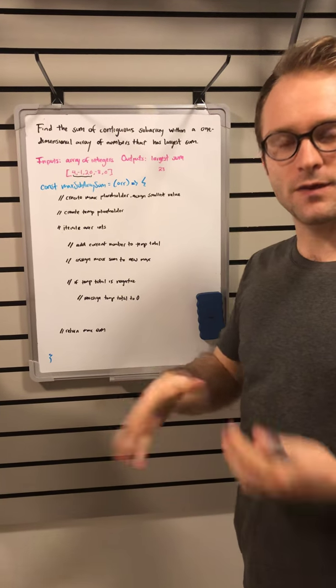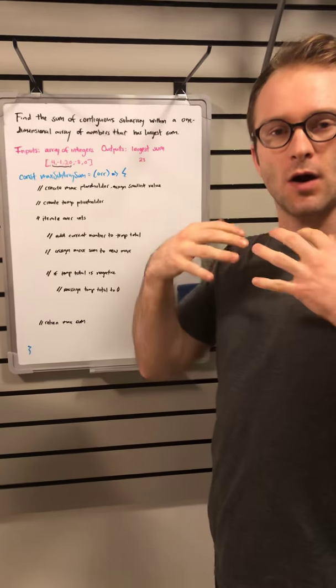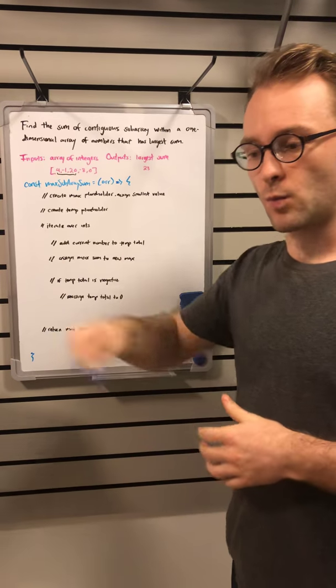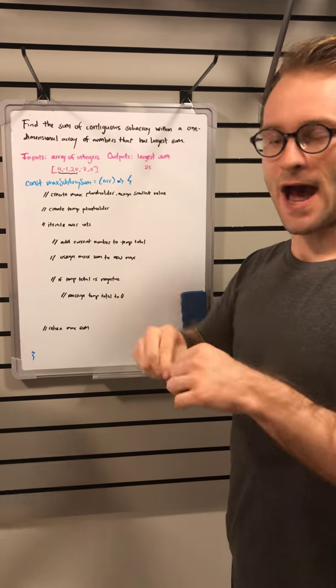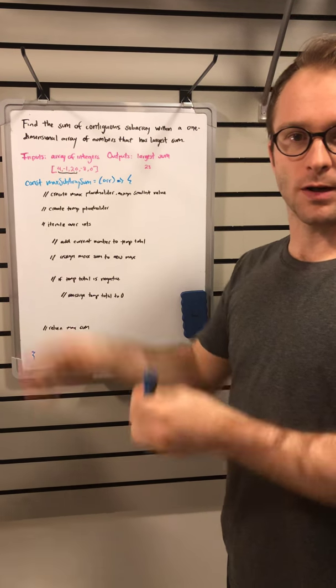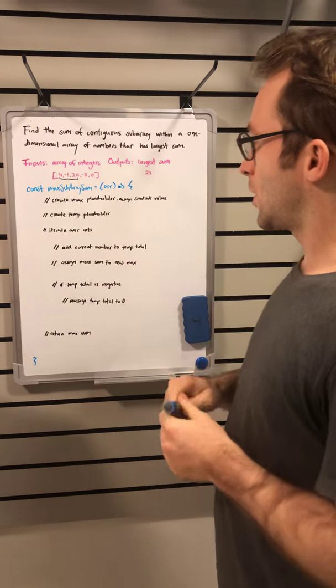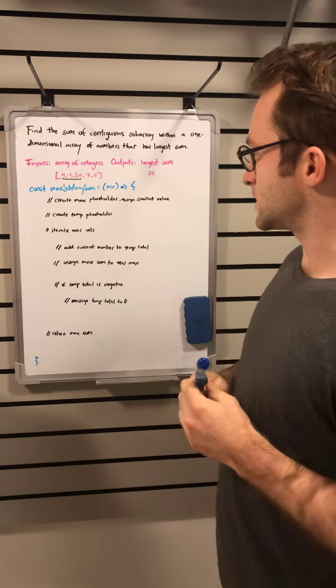If it's negative, then we want to reset our temporary total to 0 again, because we want to be able to add from 0. We don't want to add from the negative since we want the largest possible sum. So we're going to reset it to 0.